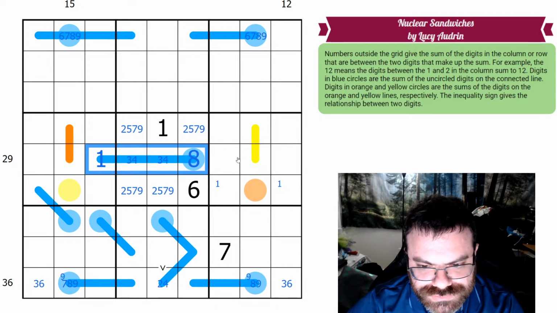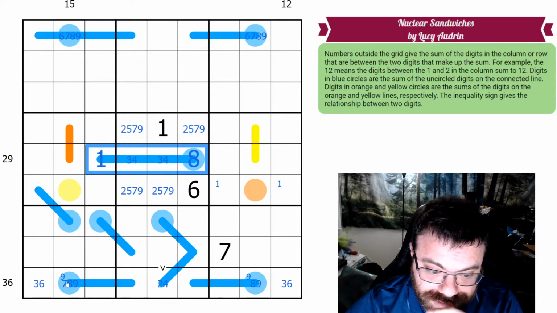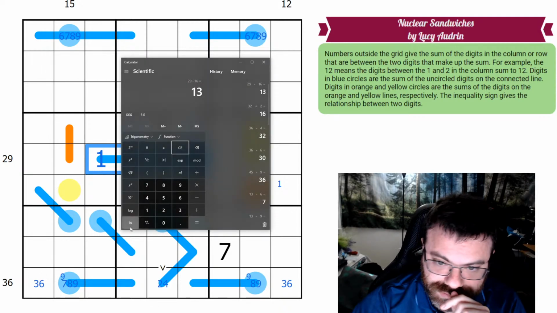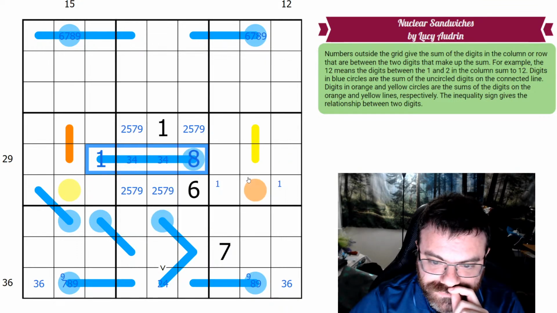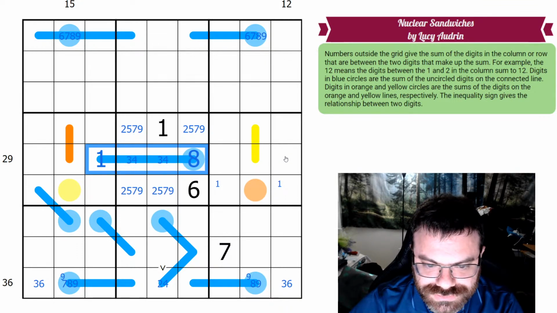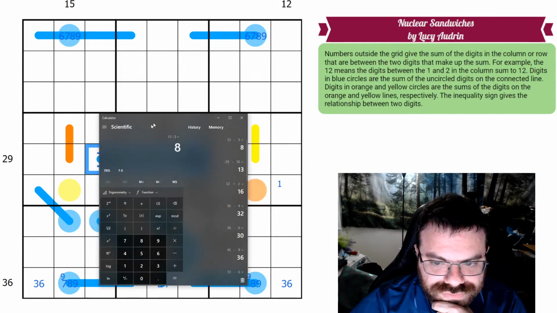So how would I get that? I can't use the 2. I can't do 5, 8 either. So 5 is outside of the sandwich. Wait, can I do it in 3 cells?